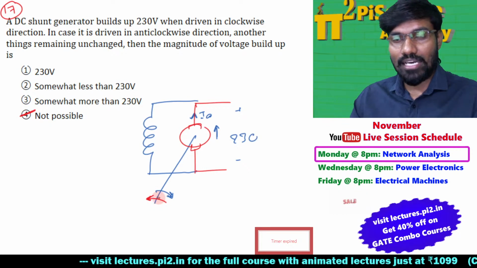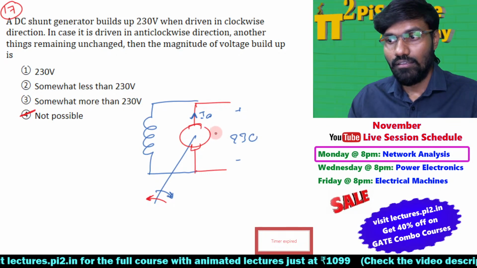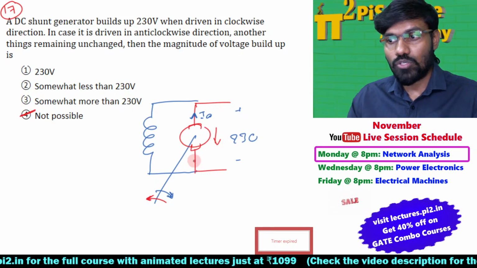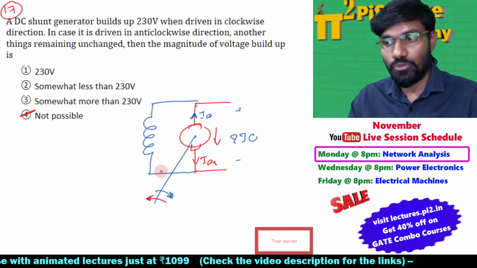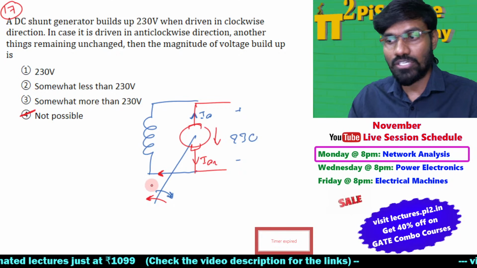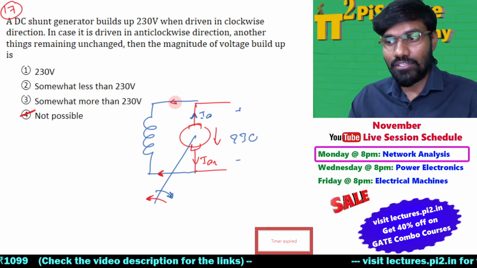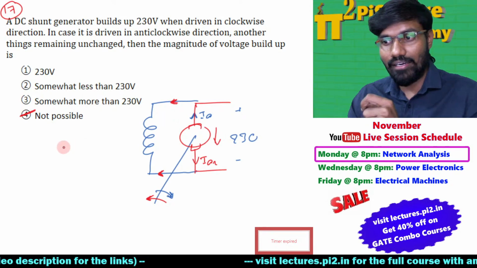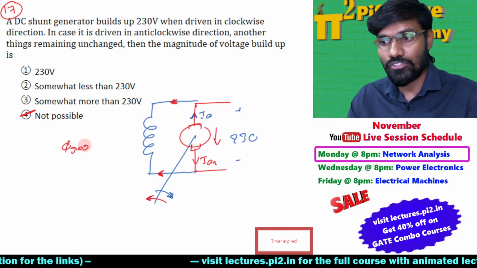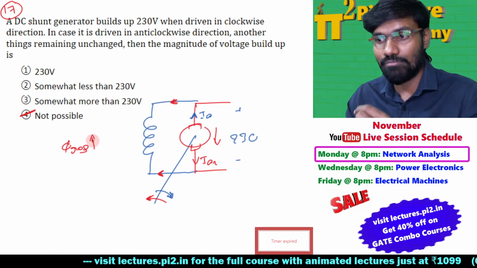When we change the direction of rotation, the EMF direction will change. EMF is downwards, so the new current direction is downwards, so the shunt field current is now in this direction. Previously the current flowing in the shunt field in one direction created a residual flux, leaving some residual flux in one direction, let me take it as upward.